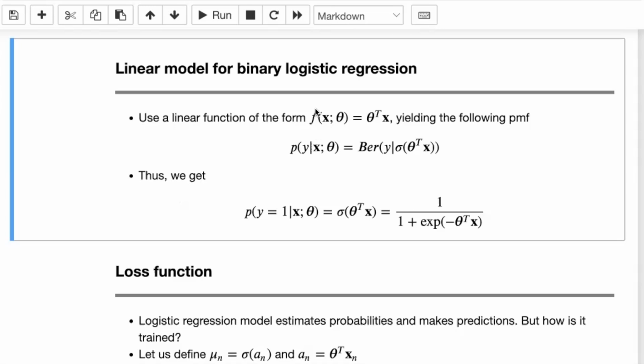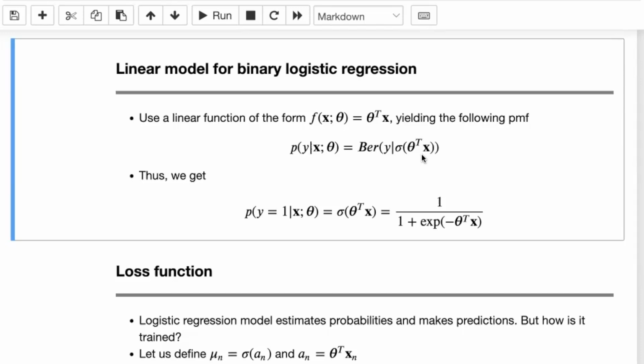So this function f that we have there is actually assumed to be the dot product between the input vector and the vector of parameters. And so overall, for logistic regression, the probability of y given x and theta comes from a Bernoulli distribution with this parameter sigmoid of theta transpose x.